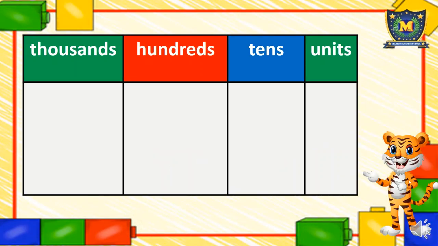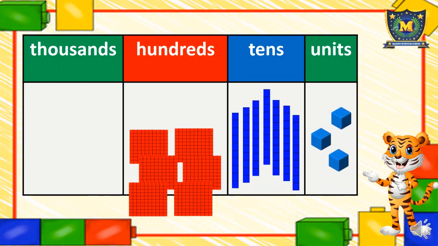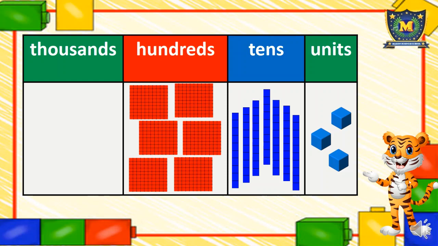Now for this example, let's put some units on the units place and tens on the tens place, and of course flats to make this more lively and fun. Now let's start counting. Again, always start on the units place. We have here 3 units. For tens, we have 7 rods. And for hundreds, we have 6 flats. Now let's see the value for each digit.